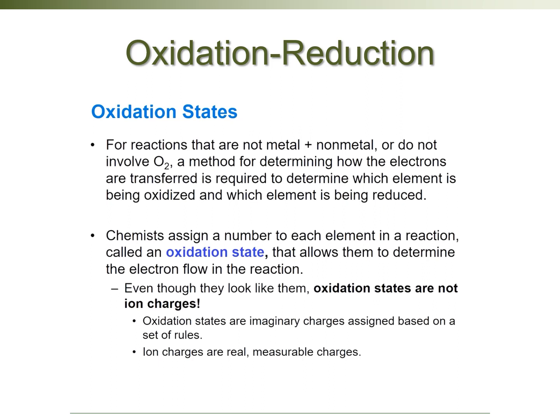So why are we assigning these oxidation numbers? Well, the chemists do this. They are basically determining what's known as the oxidation state. And by determining oxidation state, it allows the chemist to determine the flow of electrons in the reaction. And as we've studied pretty much from the very beginning, it is the movement of those electrons that is driving bonds and all kinds of reactions.